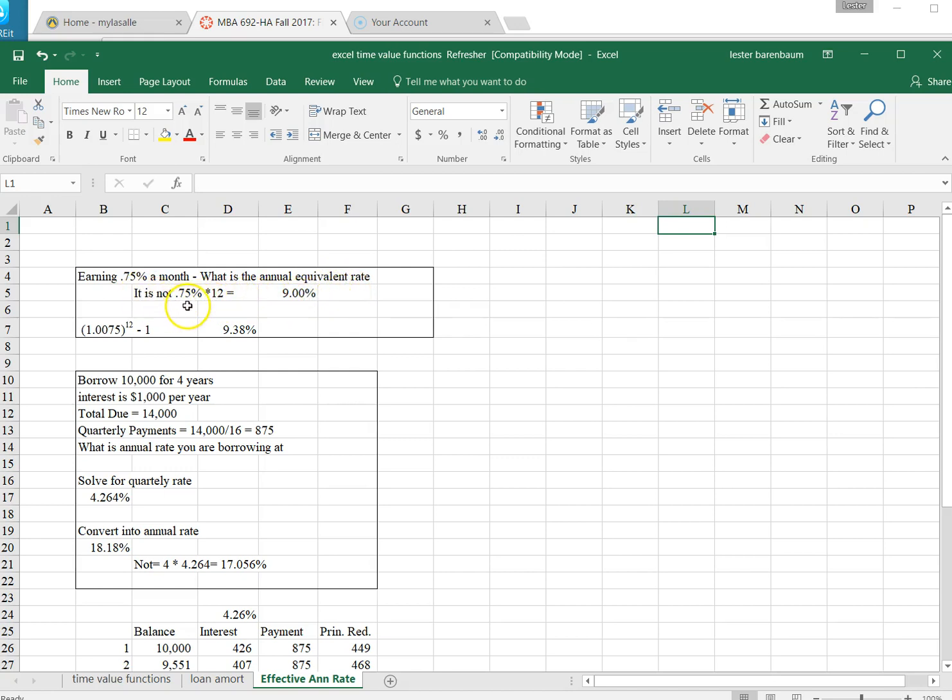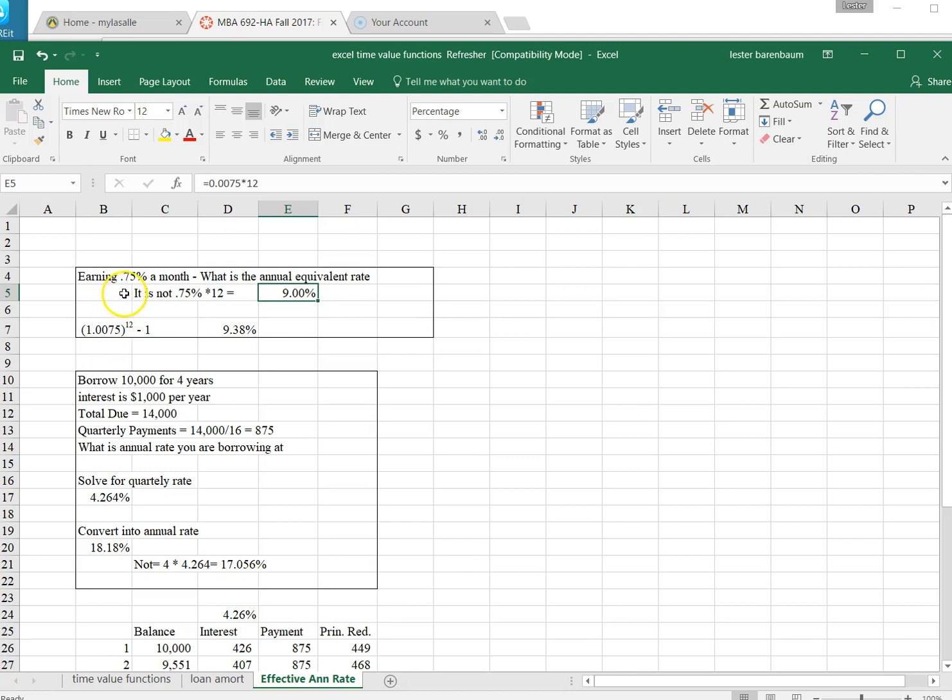If you just multiply 0.75% times 12, you might say the annual equivalent rate is 9%. That would be wrong, because this does not take into account that there's monthly compounding, that every month you're earning interest.